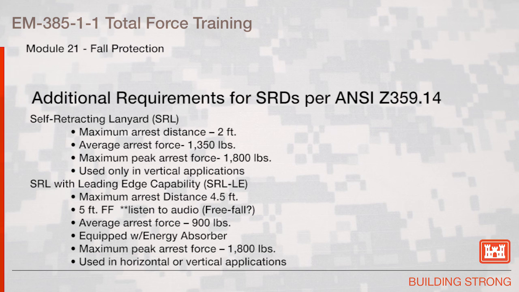Maximum 5-foot free fall. Average arrest force 900 pounds. It is equipped with an energy absorber. Maximum peak arrest force 1,800 pounds. They can be used in horizontal or vertical applications.